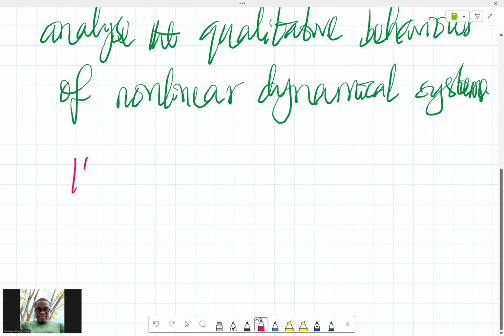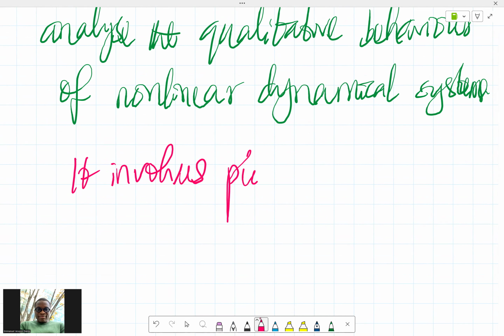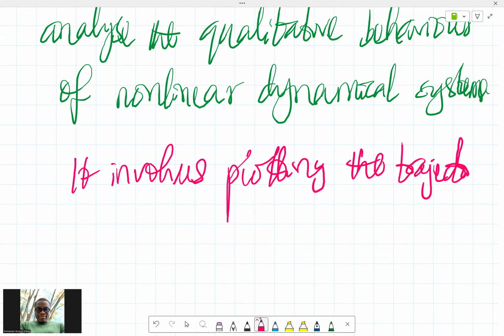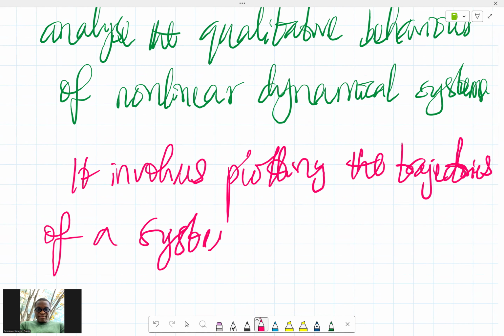It involves plotting the trajectories of a system of differential equations.